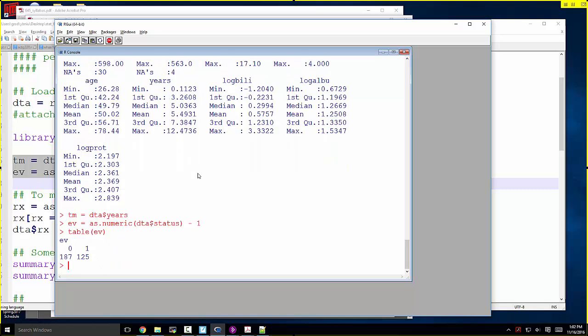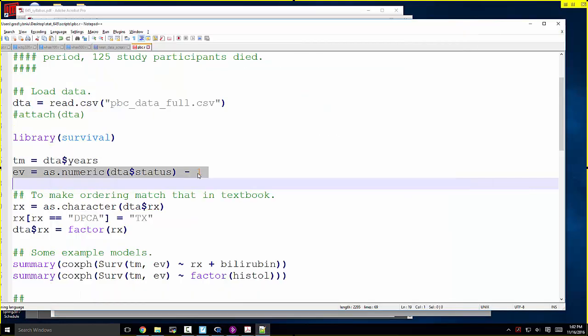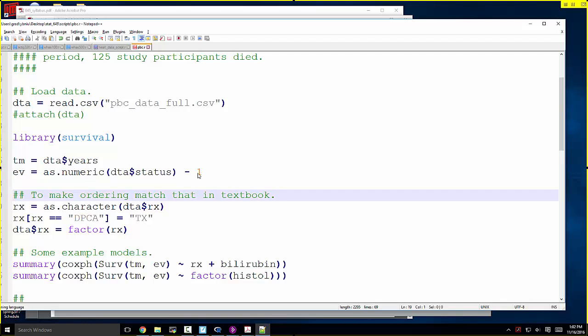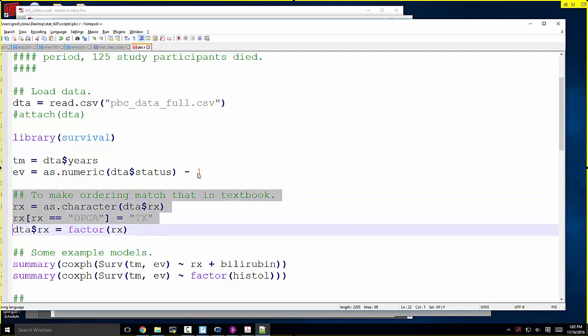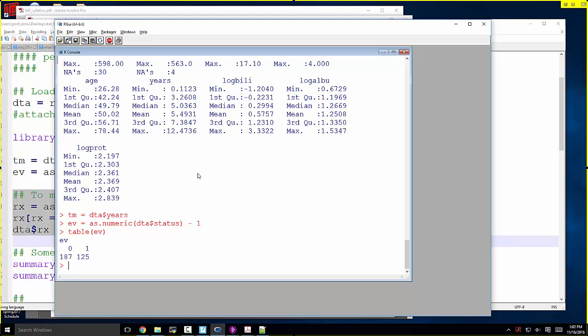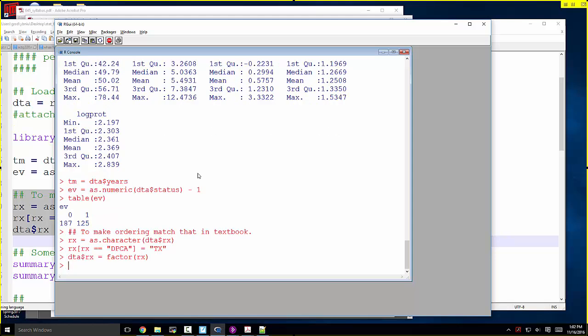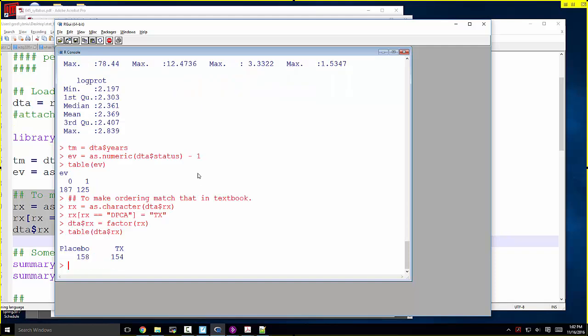So now we have 0s and 1s for our censoring indicators. And then this, like I said, is just recoding the treatment groups. Table of data$Rx. We have placebo and treatment.